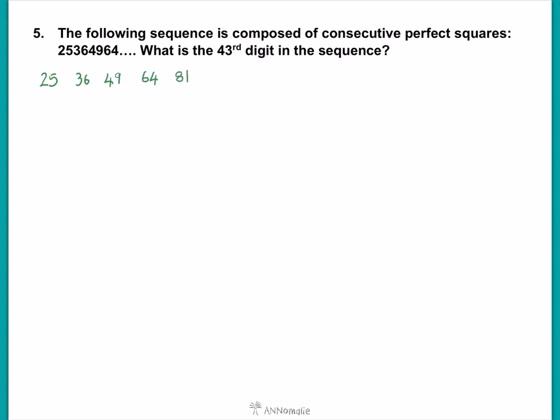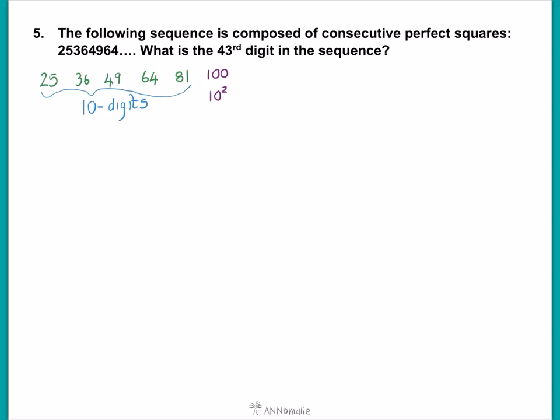That will result in 10 of the 43 digits. 10 digits, 5 times by 2. Now the next square number is a 3-digit, which is 100, 10 squared. So up to here, we've got 10 digits of the 43. So we still need 33 digits.